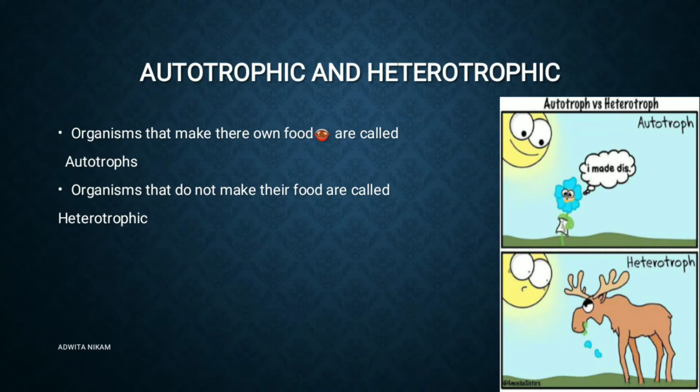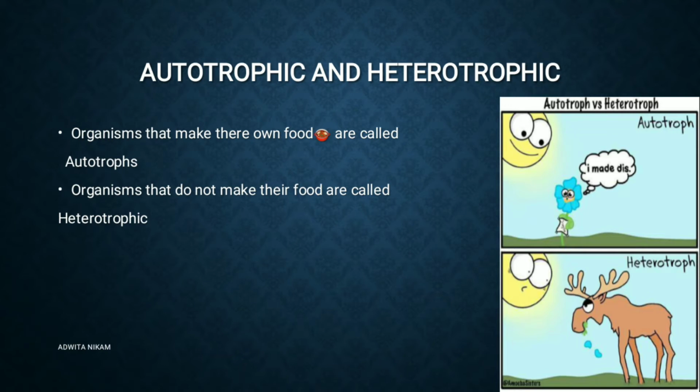And then this deer comes and eats up this plant, and the Sun is angry with this animal, or a reindeer. I don't think it's a reindeer. So this flower is an autotroph, and this big bad animal is a heterotroph.